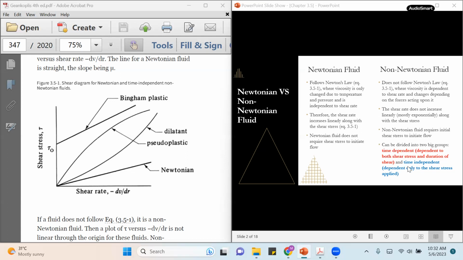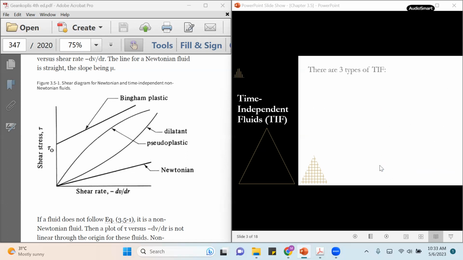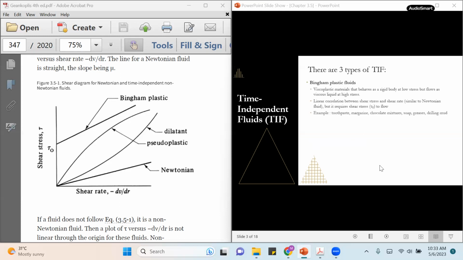Meanwhile, time independent depends only on the shear stress applied, but not on the duration of the shear. So we will abbreviate them to TD fluid, or TDF, and TI fluid, or TIF. Okay, so we go to the TIF first.